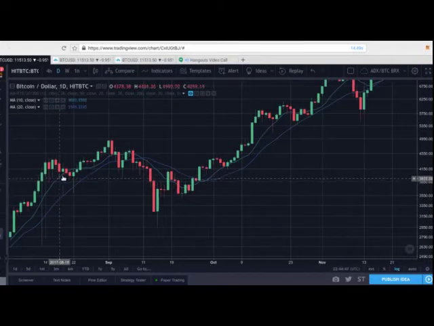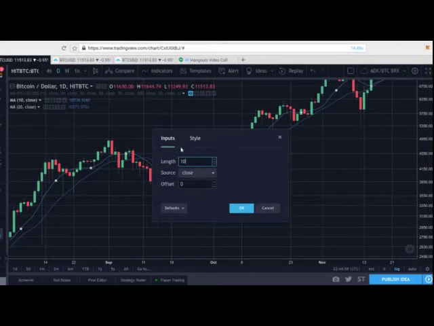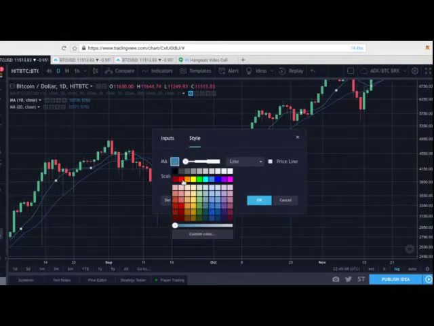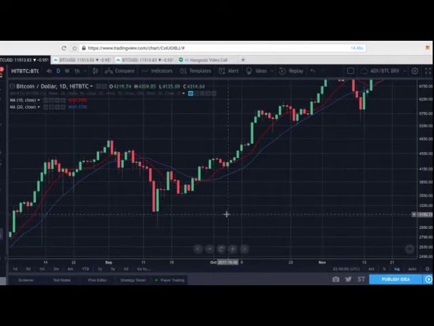The fast one is always going to be the one that's hugging price the closest, and the slower one is always going to be farther away. I'll change the colors here to make it easier. The fast one is the 10-day moving average, and the slow one is the 20, the blue one.